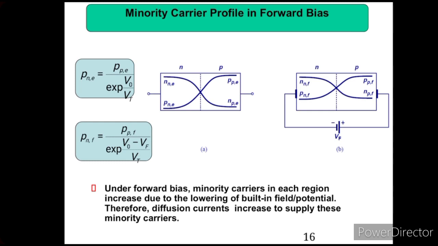Next, the minority carrier profile in forward bias condition, given by the equation pn = pp exp(V/V0), which can be seen on the slide or screen. Under forward bias, the minority carriers in each region increase due to the lowering of the built-in field potential. Therefore, diffusion current increases due to the supply of these minority carriers.